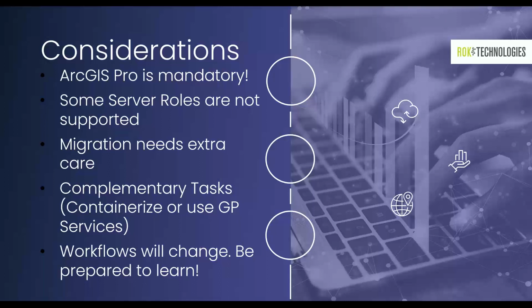But other people have existing jobs and tasks and add-ons on their Windows servers that may not be able to transfer over. So many people do things like utilize the task scheduler to run complementary jobs or updates to your data. And then there's also other plugins, third-party software on your servers. So this can be a big difference.